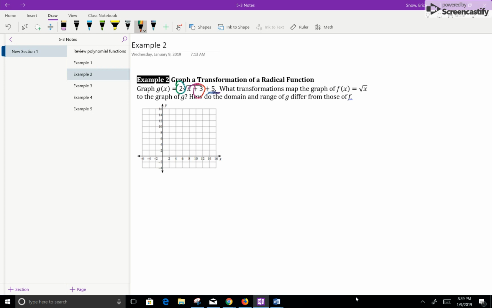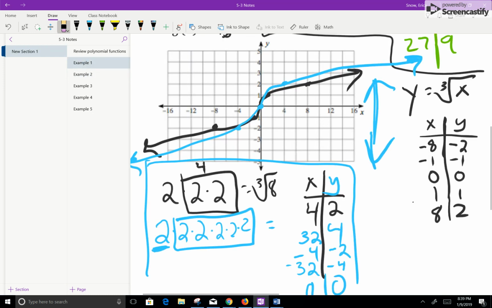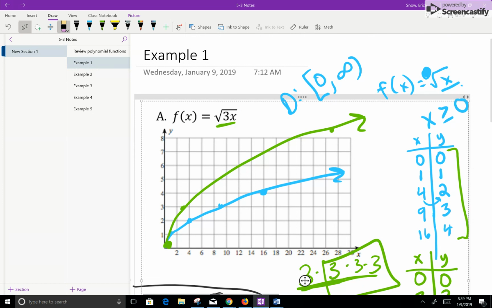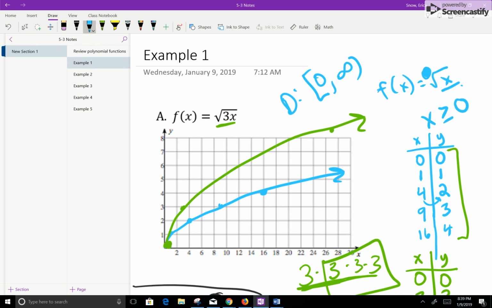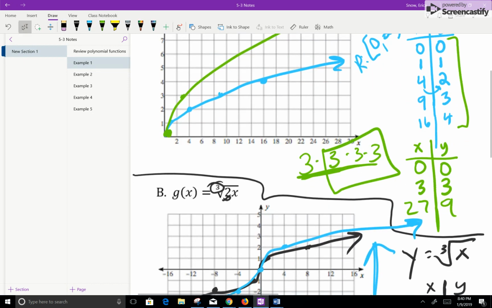So now, when we're talking about domain and range for this, our range, let me erase here. We didn't talk about range in example 1. We should go back. Sorry. We talked about our domain being 0 to infinity. Our range on this parent function is also 0 to infinity, because when we plug in the minimum for our domain, we get the minimum for our range. And it's the same kind of concept with this.